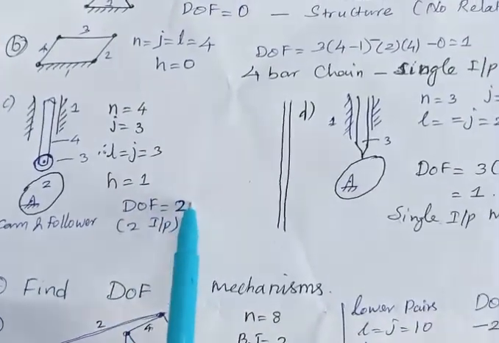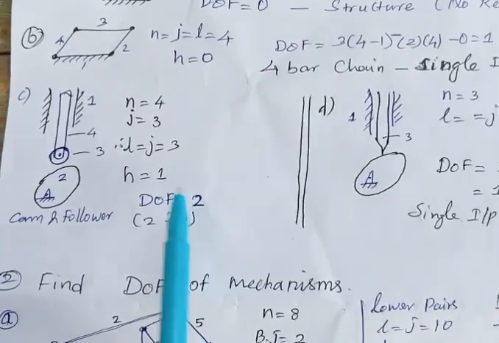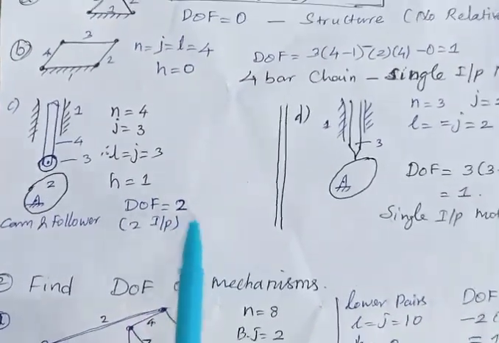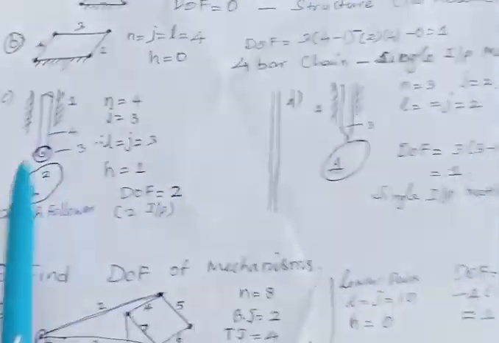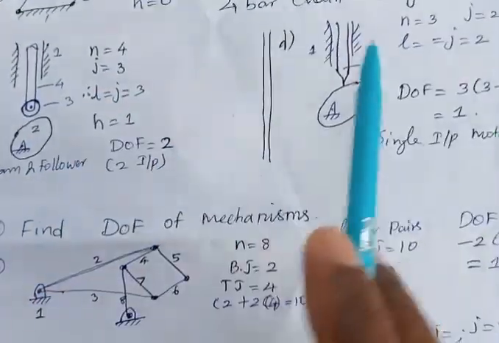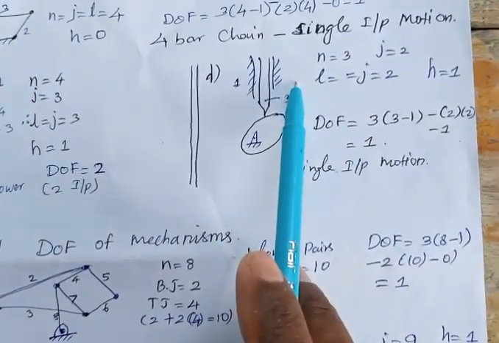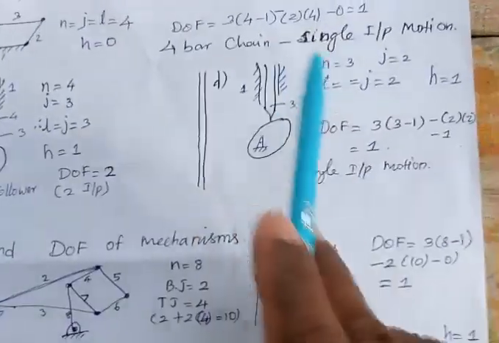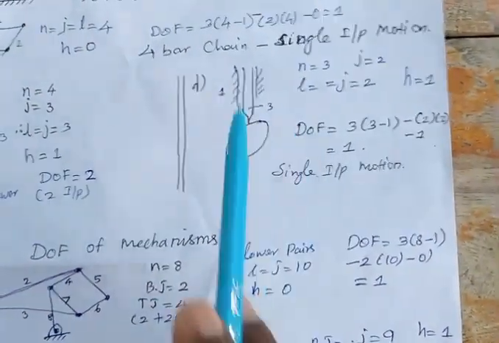So the degrees of freedom equals 2, meaning two separate input motions are used to drive the cam and follower. Here is the same case, but with a knife edge follower. We put in the formula and get only 1, so a single input motion.